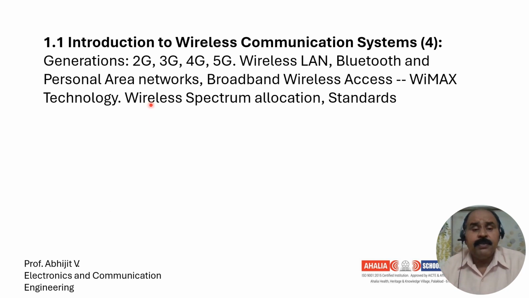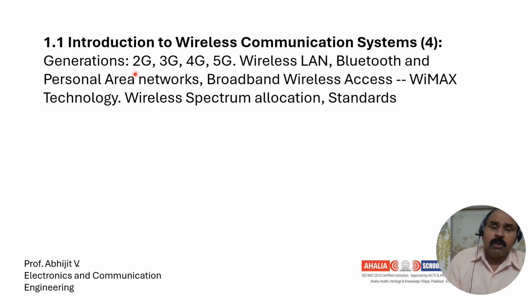Coming to the syllabus, Module 1, 1.1, the first part of our syllabus, we will get ourselves introduced to wireless communication systems. We will be studying a brief history of wireless communication systems from 2G to 6G.